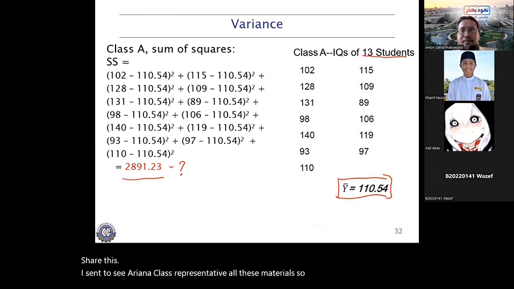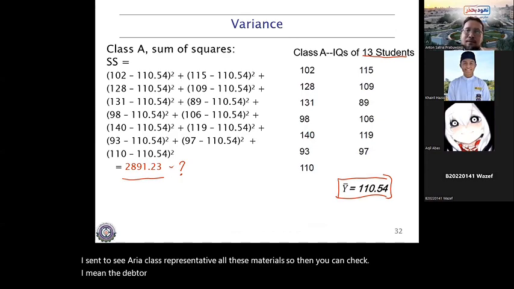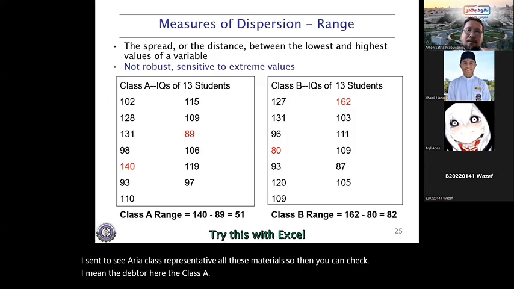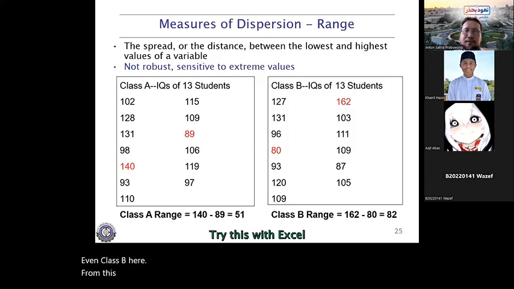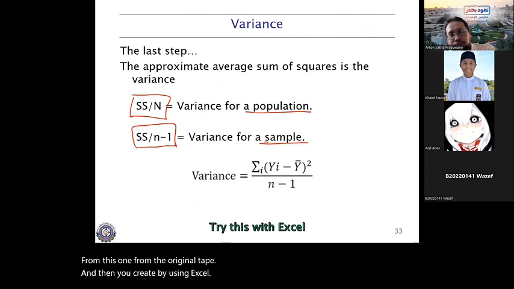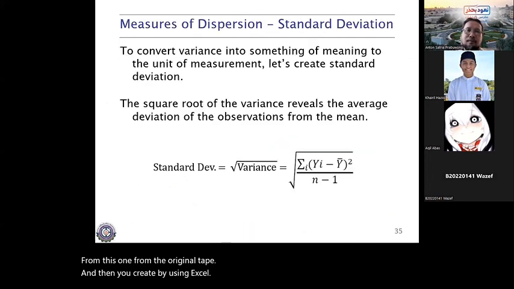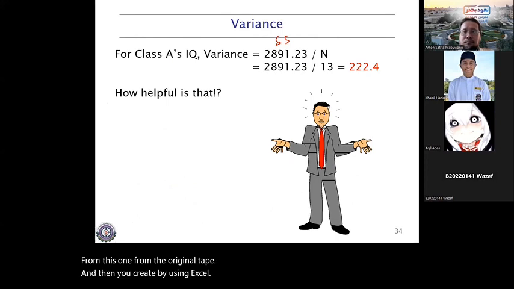So you can check the data here, the class A, even class B, from the original data, and then you create it by using Excel. All right, very good.